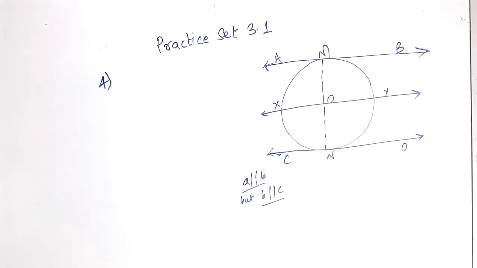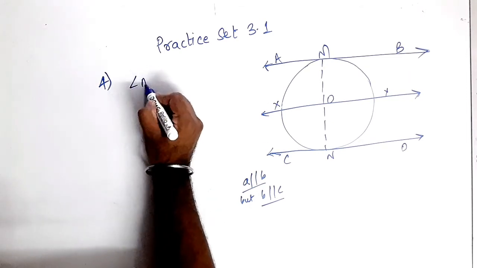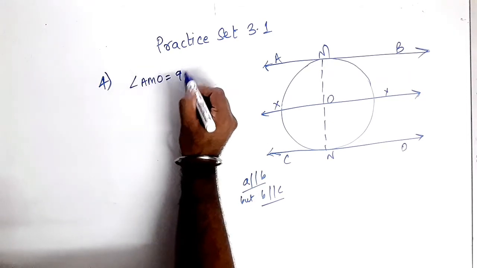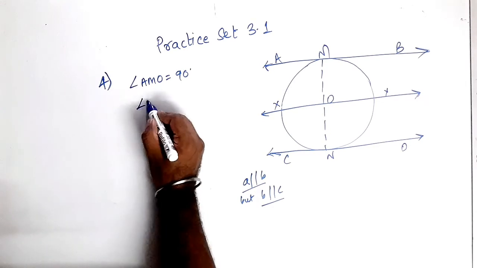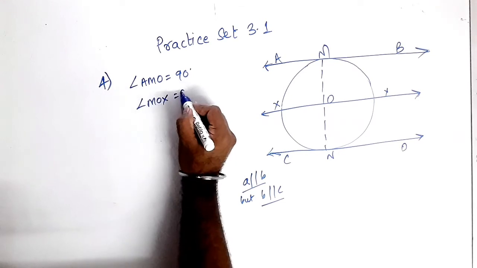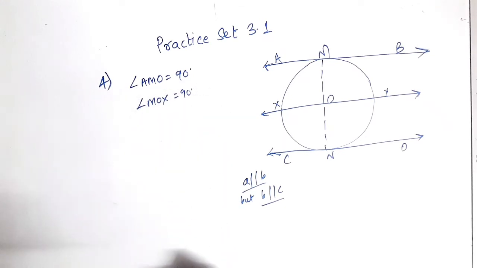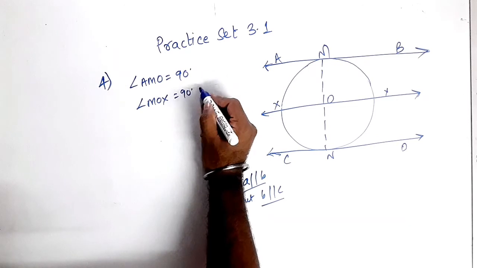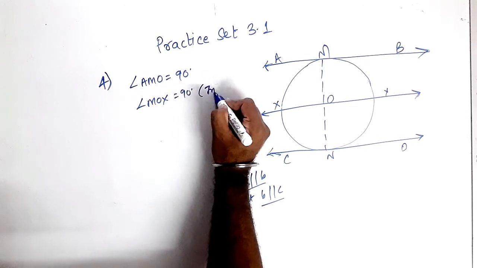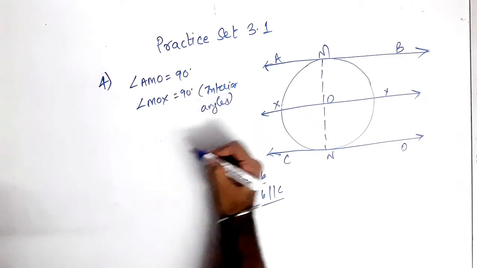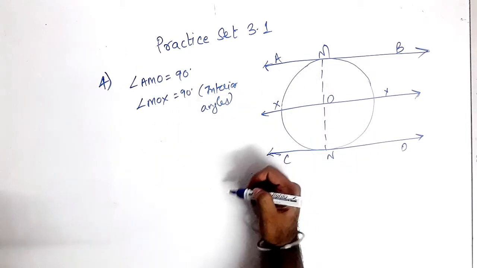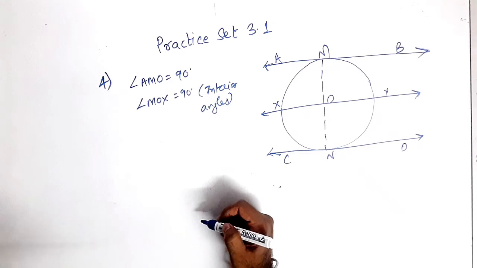Now if you observe, angle AMO equals 90 degrees. Okay, and angle MOX is also 90 degrees. Why? Because they are interior angles. Correct? They are interior angles. Interior angles are supplementary.